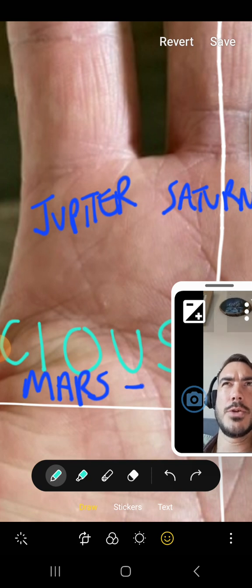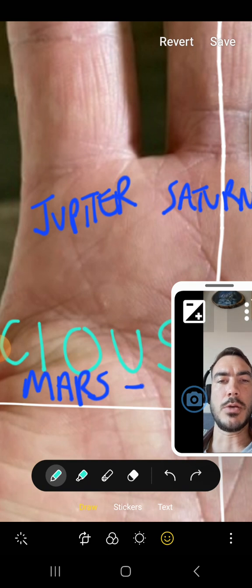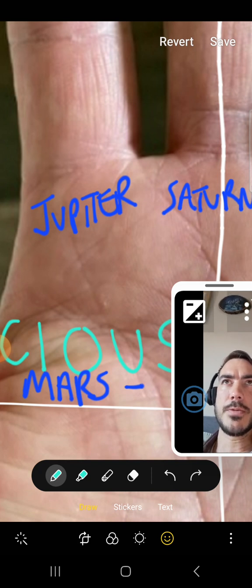So if you're reading someone's palm and you do see someone with both those issues, then it's important to motivate and guide them in a way that tackles these issues.